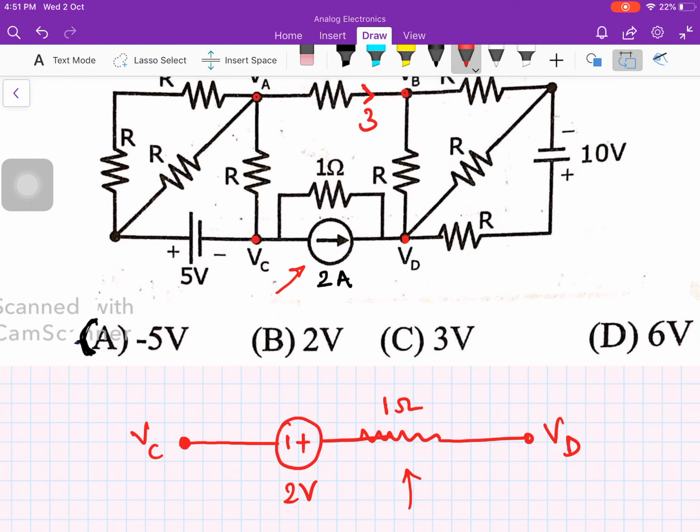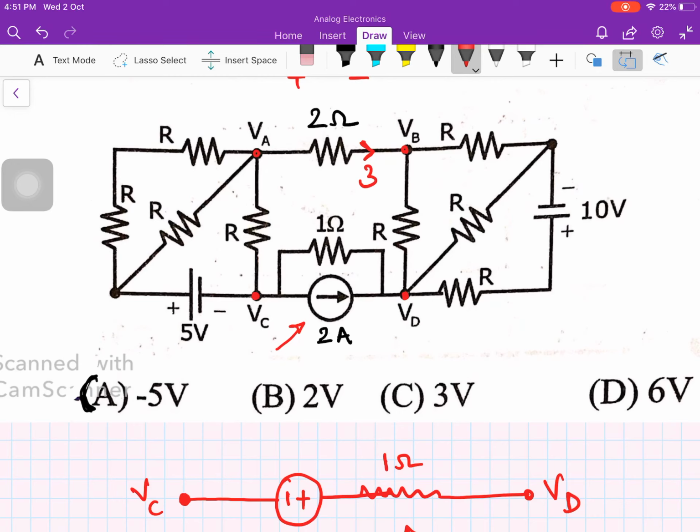Okay, to know that, I need to find the current. Already here I'm getting 3 amps. Since 3 amps is going here, here also 3 amps will appear, because when 3 amps is coming here, it splits like this and this, and then again here it will split like this. So the same current will come and again join and give me 3 amps here.